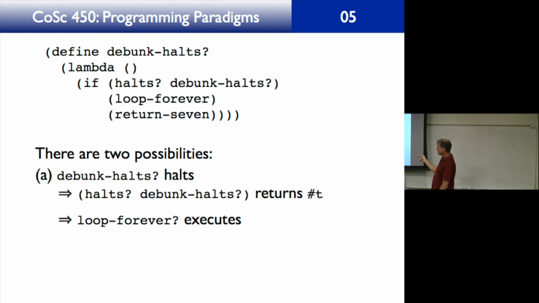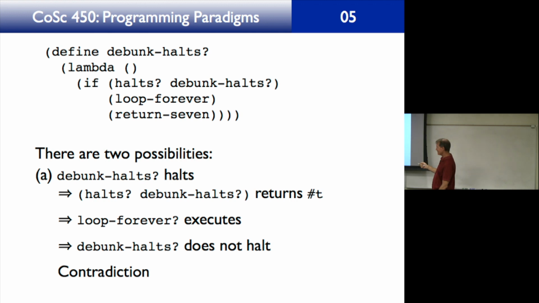If loop forever executes, we know that loop forever does what? It does not halt. But if that does not halt, that means that that's inside debunk halts. That means that debunk halts itself does not halt. So that's a contradiction. Are you with me? Does everybody follow that?